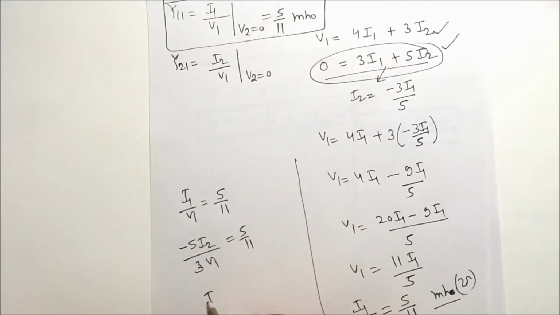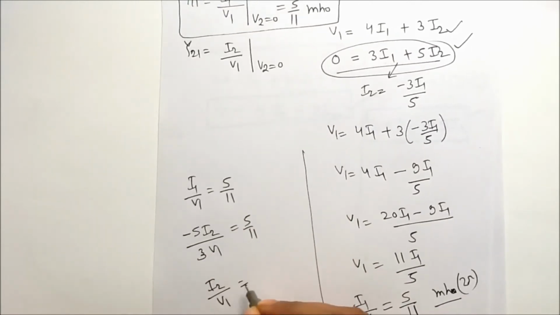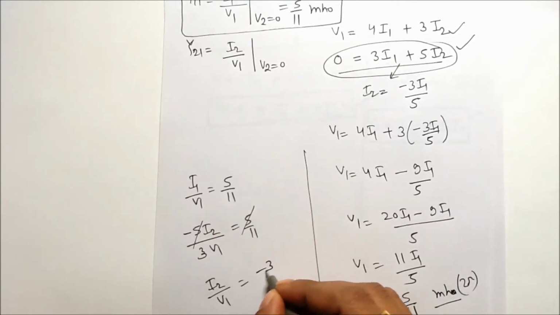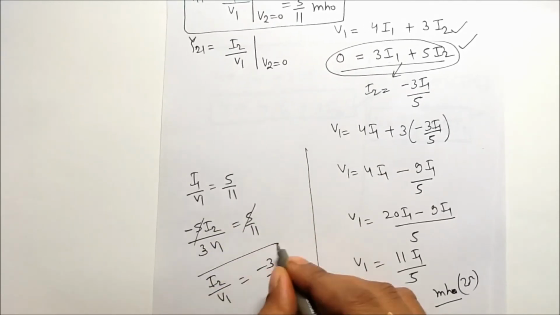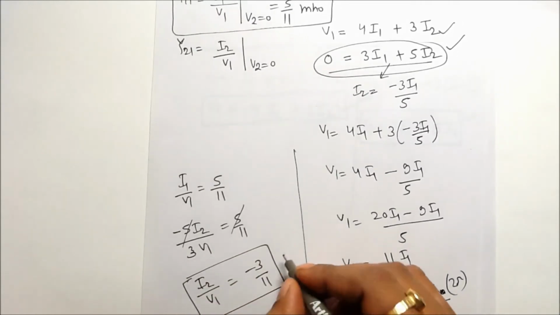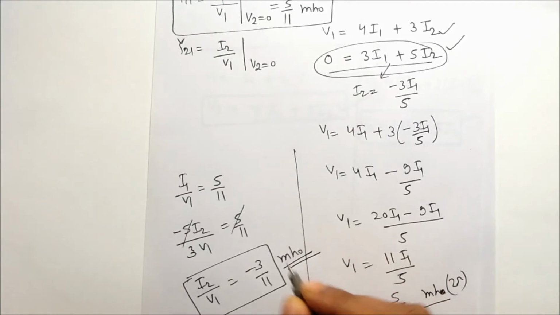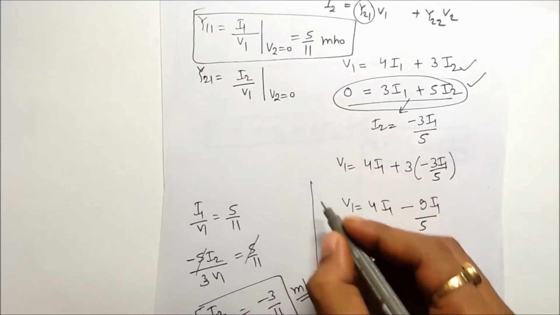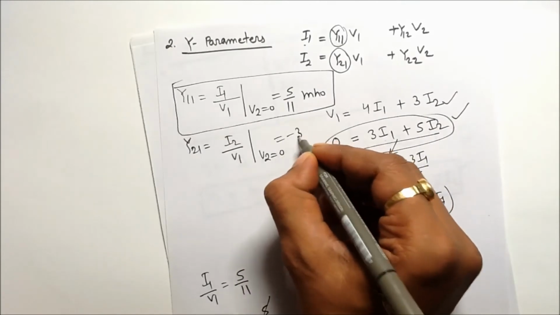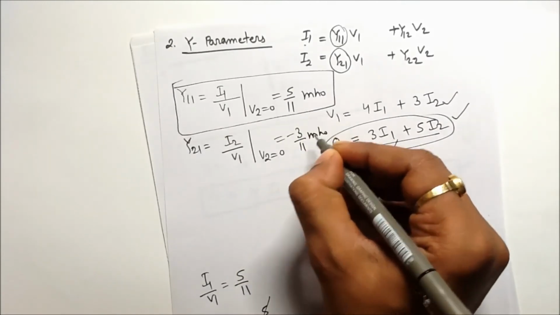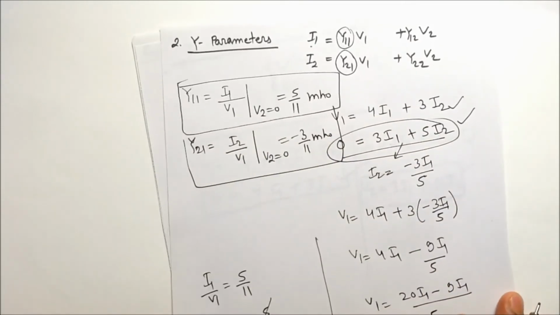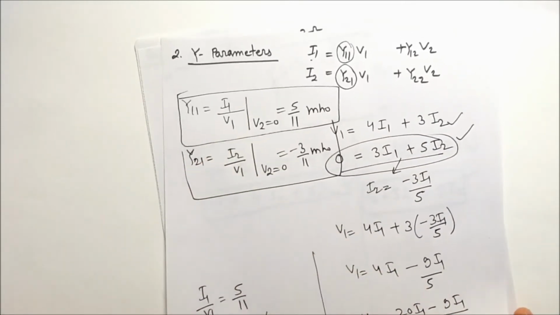So the value of I2 upon V1 equals minus 3 upon 11. And the unit will be mho. So the value of Y21 equals minus 3 upon 11 mho. So in this way you have got the value of Y11 and Y21.